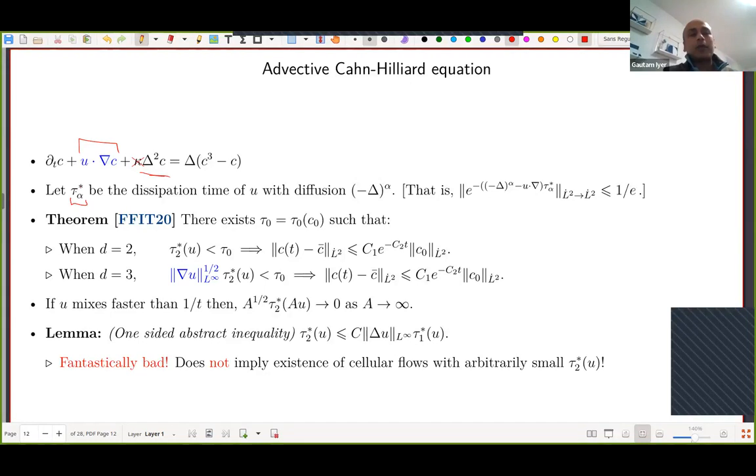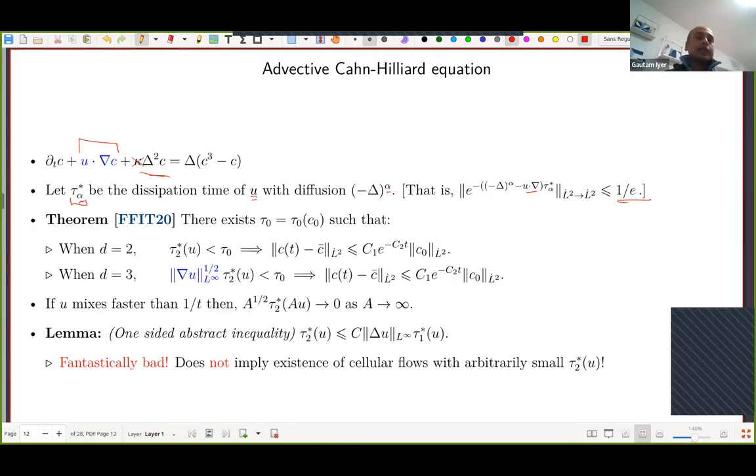More generally, let's call tau star alpha the dissipation time of the velocity field u with diffusion minus Laplacian to the power alpha. Look at the scalar transport equation, u dot grad plus minus Laplacian to the alpha, and look at the semigroup of that. How long does it take to lose some constant fraction of the initial energy?